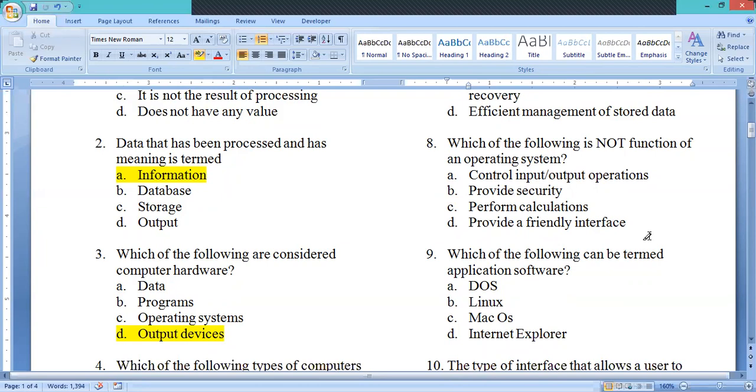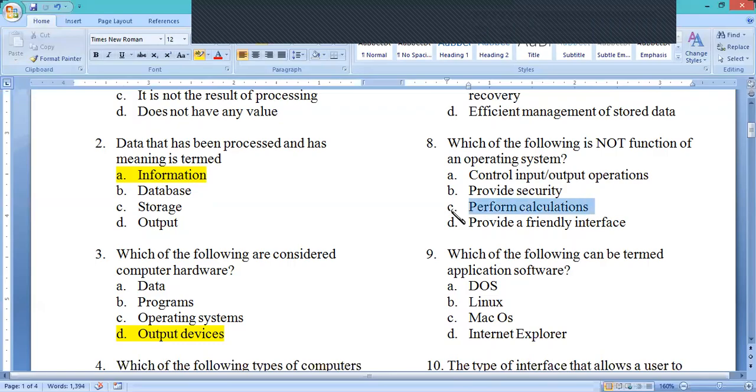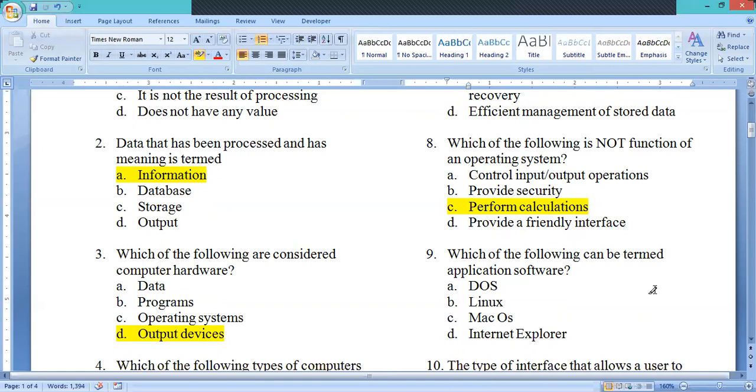If it's not D, it's either B. None of those are correct. The answer is actually C, perform calculations. Even if you don't remember anything about operating systems, you should know this because the arithmetic logic unit is what is responsible for calculations. So it couldn't be the operating system. So that is the odd one out.